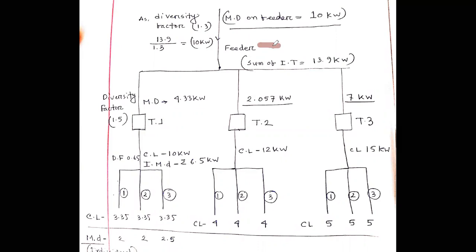From that feeder line, there are three transformers, T1, T2, and T3. These three transformers are connected to that feeder line.